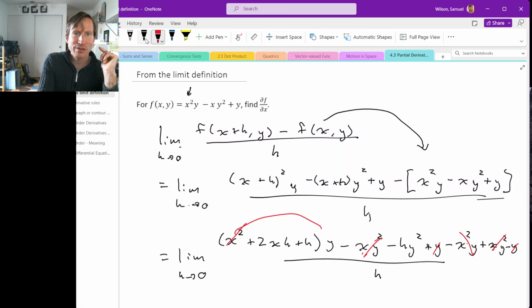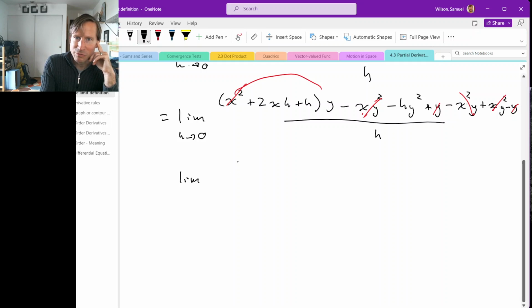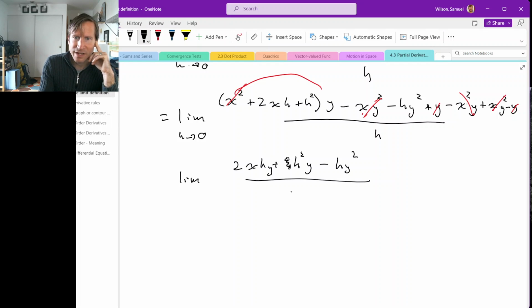Okay, so gathering up all the stuff that's left over, this is the limit of 2xh plus h squared. Oh, both of those times y, right? We have a y here. And then we have a minus hy squared, all over h. Everything else canceled.